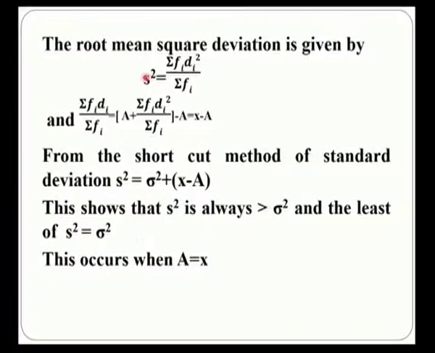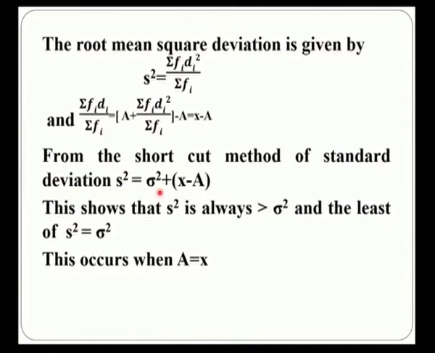Then from the shortcut method of standard deviation, you learn two methods to calculate the standard deviation. One is the shortcut method and another one is the step deviation method. From the shortcut method, this S square, which is nothing but the root mean square deviation, is equal to sigma square, the variance, plus the square of the arithmetic mean minus the arbitrary origin.